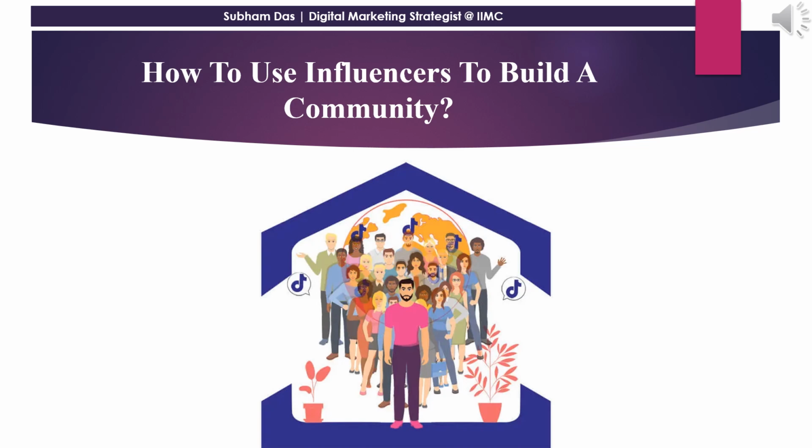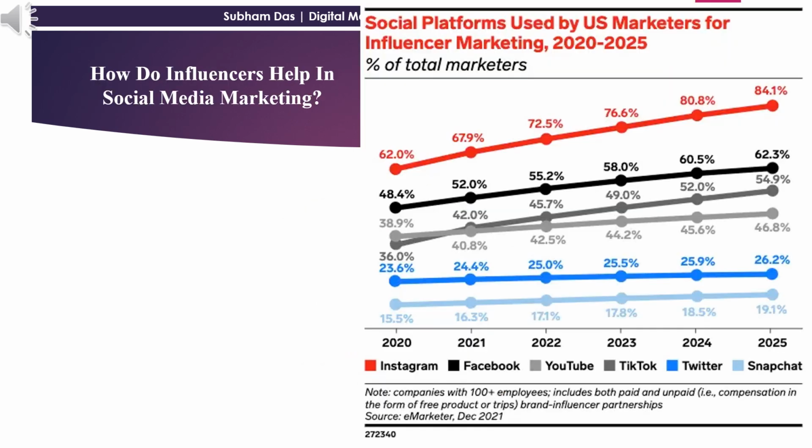Over to the next slide. Now, how do influencers help in social media marketing? Over here you can see statistics showing that they can help your brand through Instagram, Facebook, YouTube, TikTok, Twitter, and Snapchat. All these are platforms that influencers commonly use to promote your brand on social media.